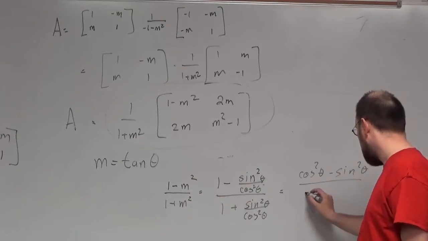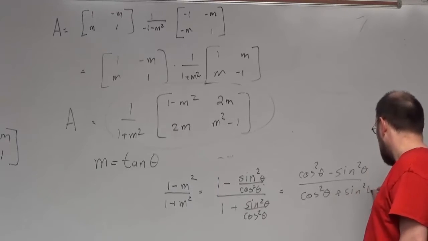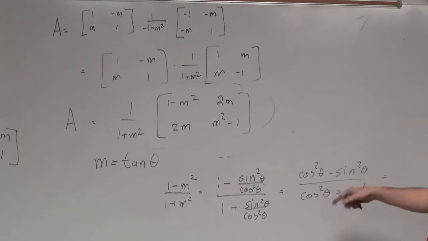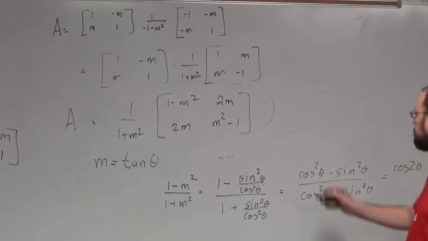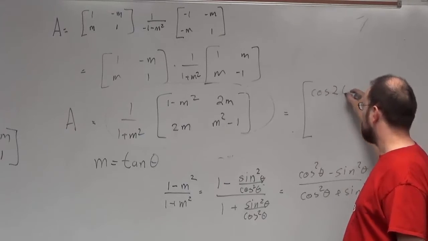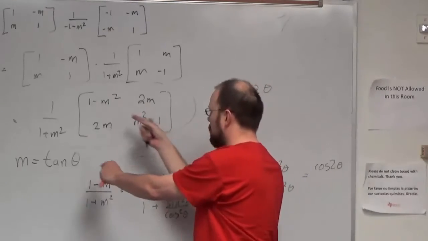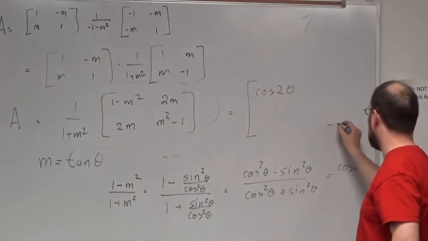Oh, okay, this works out. Of course, the denominator becomes 1. The numerator, via trig identity, gives you cosine 2 theta. And this would be, because it's just the negative of that entry, negative cosine 2 theta.